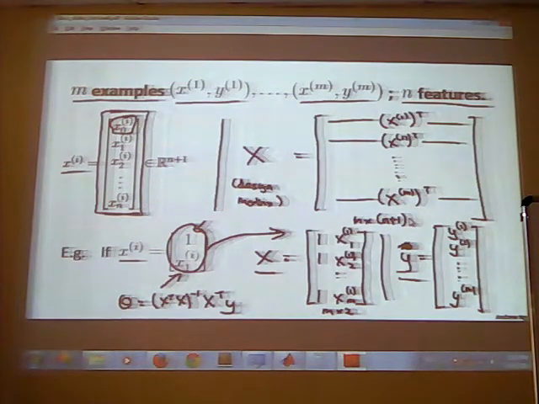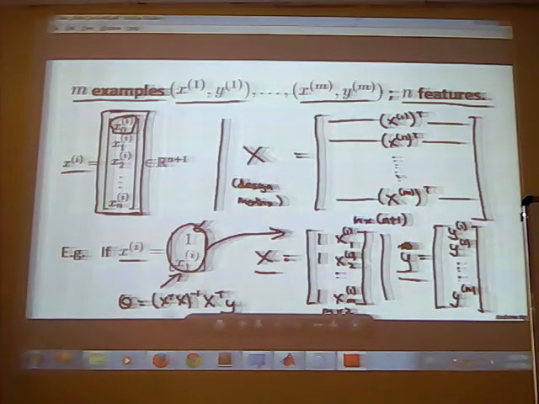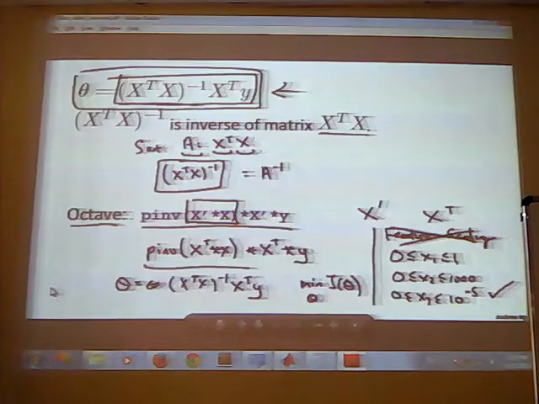Why m cross n plus 1 dimensional? m is your number of rows, n is your number of features, plus 1. Why 1? Because we have added one more column to our matrix. So on the basis of this we are going to calculate the value of theta.